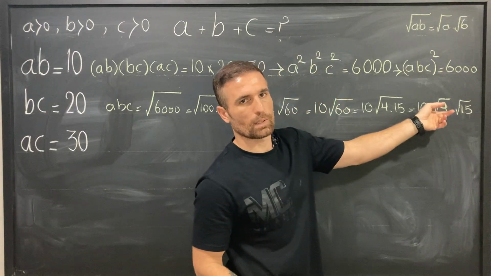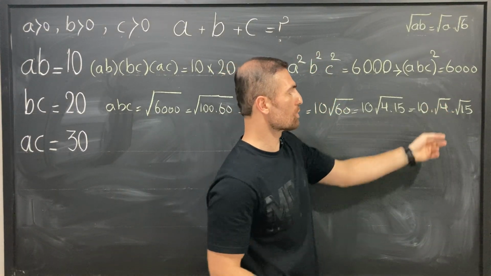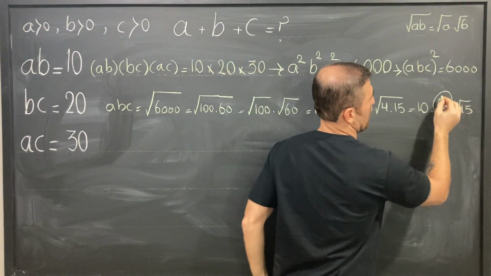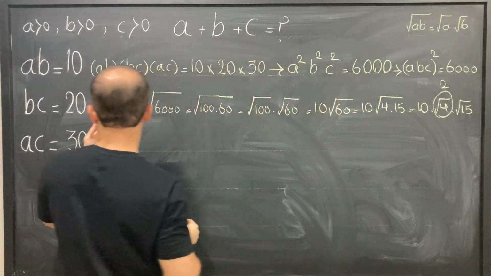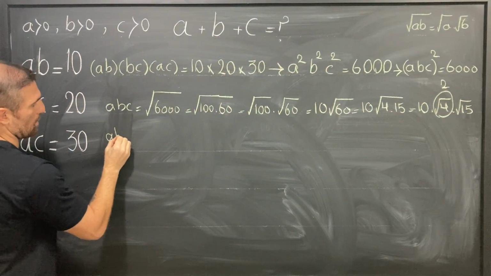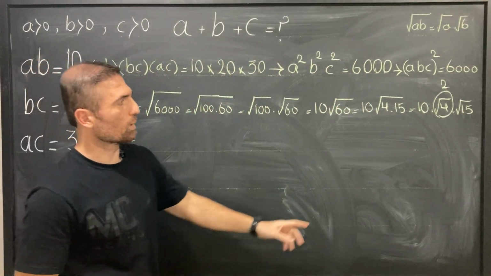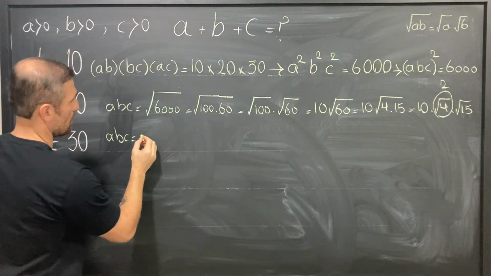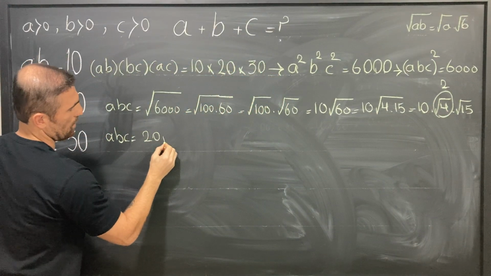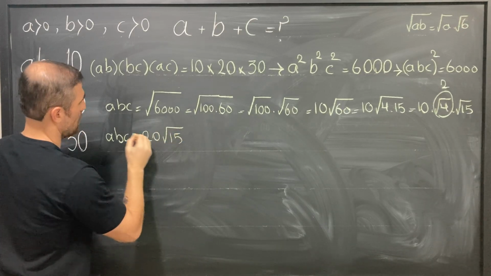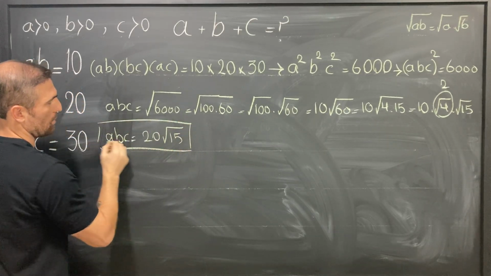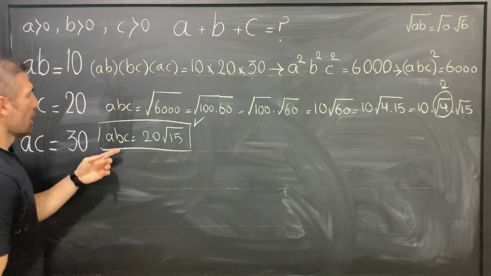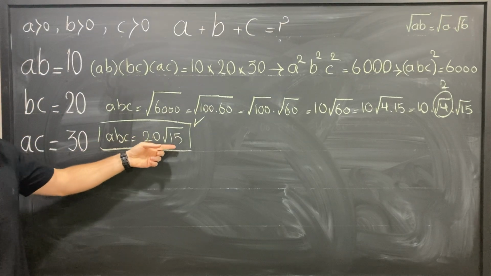As you know, 4 is a perfect square and square root of 4 is 2. So what is the value of abc? It's going to be 10 times 2, 20, square root of 15. Let's keep it here. abc is 20 square root of 15.